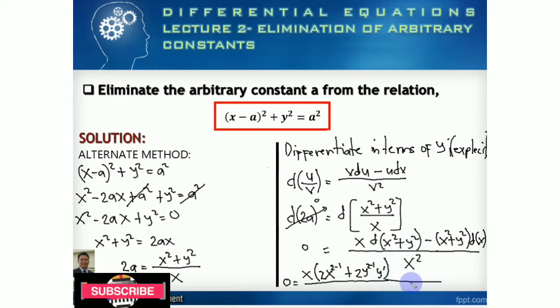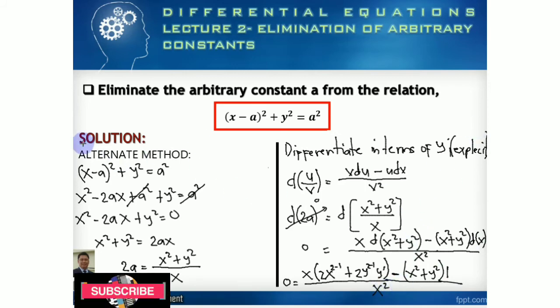And then we have now this minus x squared plus y squared, quantity, times the derivative of x, which is just simply equal now to 1, all over your x squared.